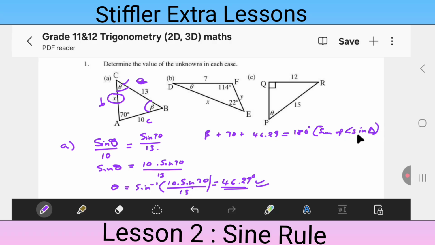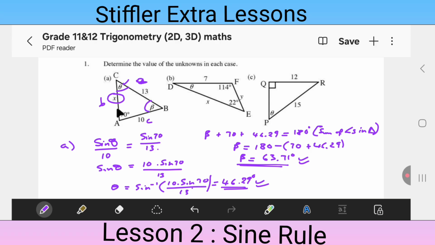Which means beta will be equivalent to 180 minus 70 plus 46.29, which makes beta equivalent to 63.71 degrees. So now we know the value of beta.